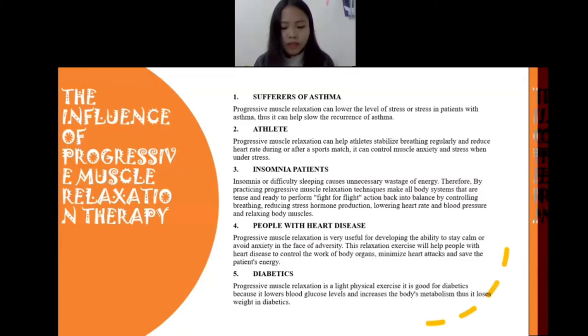It can control muscle anxiety and stress, because when progressive muscle relaxation exercises are performed, the parasympathetic nerve fibers will activate the endorphin hormone that works for a relaxing effect and returns the body to its normal condition. So there is relaxation in the muscles and a decrease in anxiety and stress.